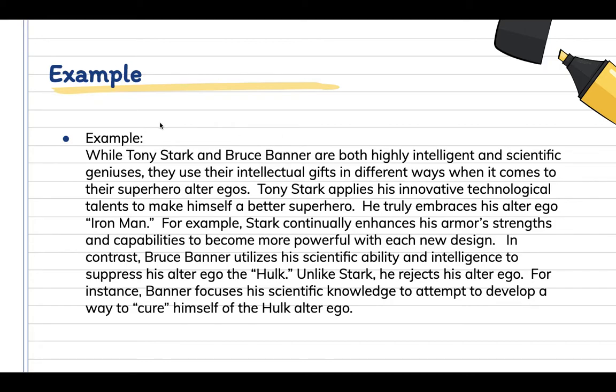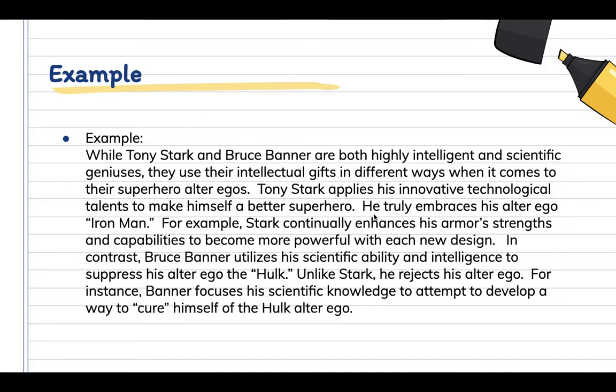So while Tony Stark and Bruce Banner are both highly intelligent and scientific geniuses, they use their intellectual gifts in different ways when it comes to their superhero alter egos. Tony Stark applies his innovative technological talents to make himself a better superhero. He truly embraces his alter ego, Iron Man. For example, Stark continually enhances his armor strengths and capabilities to become more powerful with each new design.